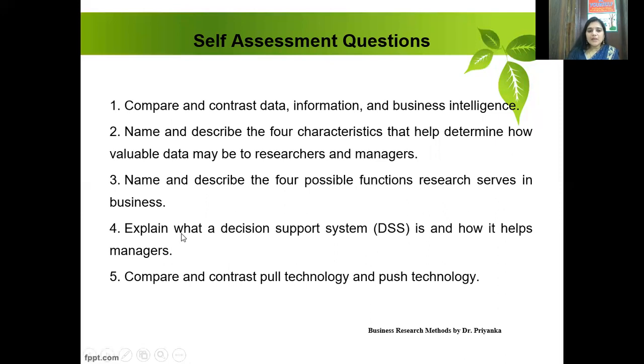Then explain what a decision support system is and how it helps managers. What is a decision support system? A decision support system basically is a system that helps decision makers confront problems through direct interaction with computerized databases and analytical software programs.